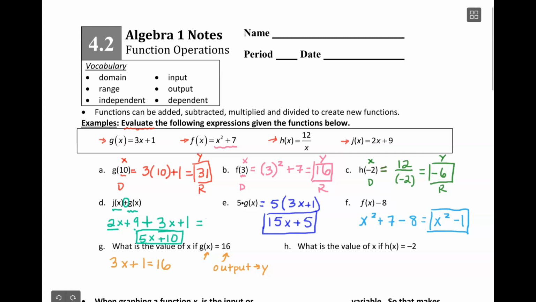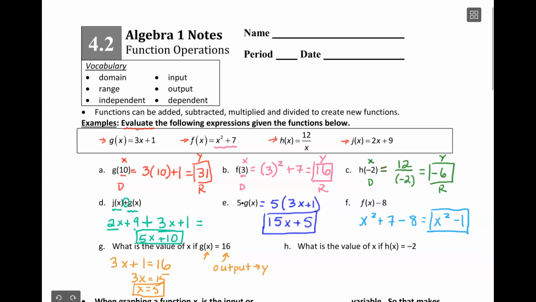And we're going to solve for x here. We're going to subtract the 1, so I get 3x equals 15, and then divide by 3, and I get x equals 5. So this is backwards. I'm giving you the output or the range value, and I want you to give me the x, the input, the domain value. Definitely thinking about this in reverse.